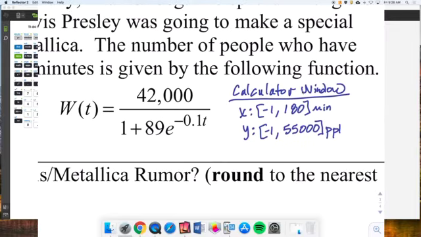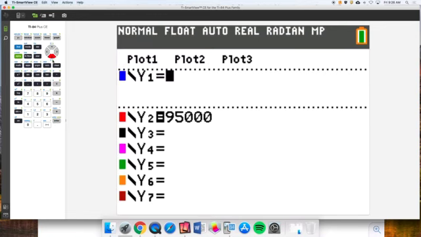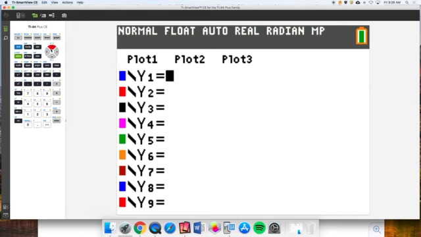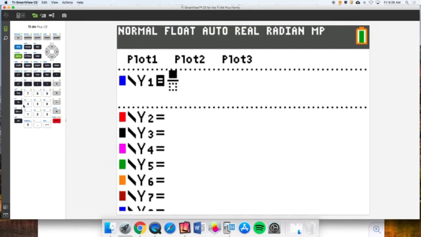It's a logistic. I put the calculator window here because I had already figured it out. So let's do that. I'll flush. Okay, and then how do we get the horizontal division bar? Alpha Y equals. Yeah. All right. So 42 grand over 1 plus 89.